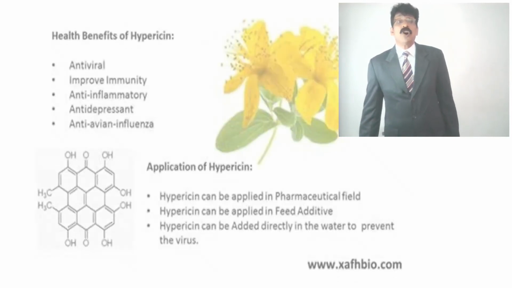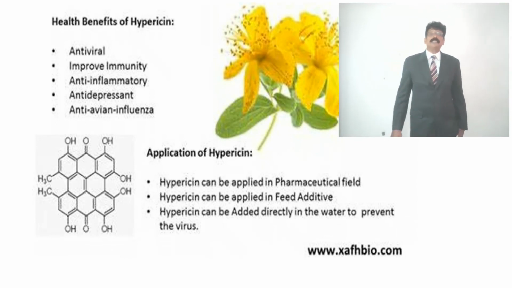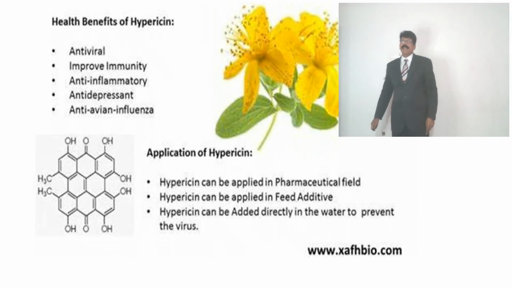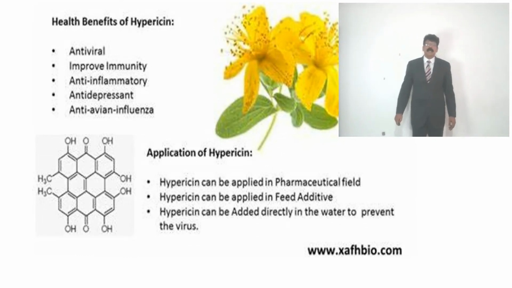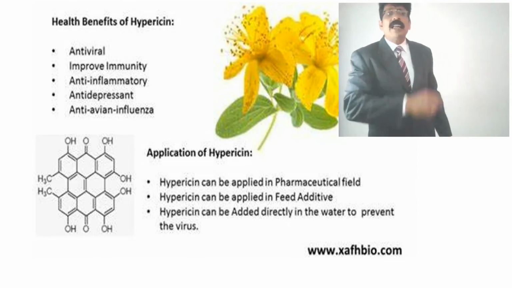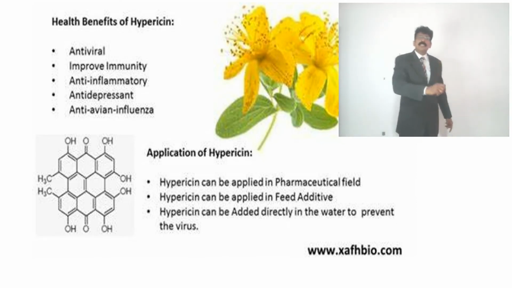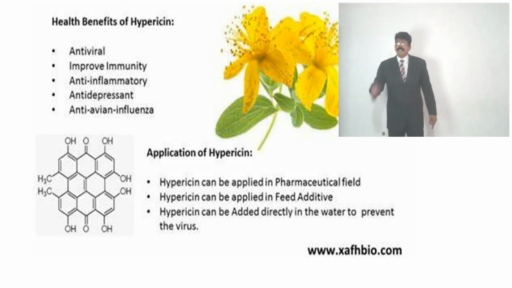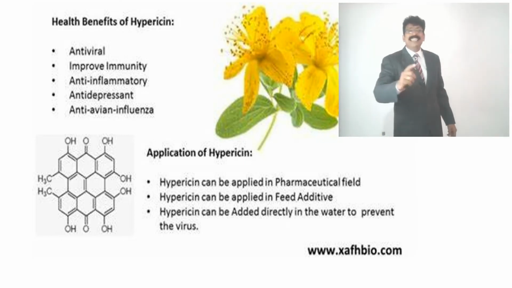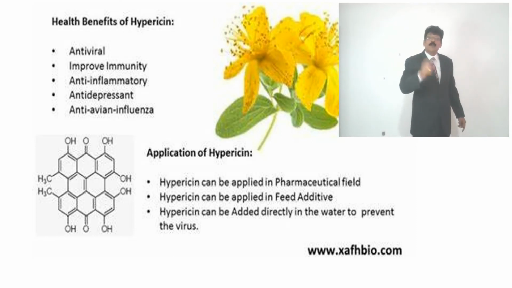St. John's Wort. St. John's Wort has main constituents that we are talking about. Hypericin, it has many other constituents, but hypericin has been seen to have an antiviral effect, it improves immunity, can be used as an anti-inflammatory, it is an antidepressant, as we have just discussed, and it is anti-avian influenza.